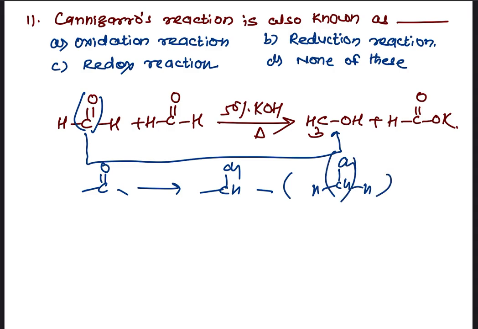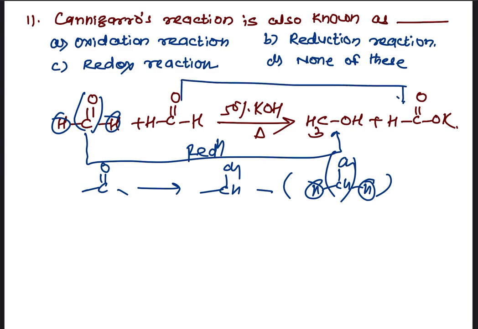Here it is CHOH, these two hydrogen atoms as it is, so this is reduction. In the second reaction, there is the addition of oxygen in between carbon and hydrogen, so this is oxidation, so this reaction is said to be a redox reaction. So what is the answer? The answer is a redox reaction.